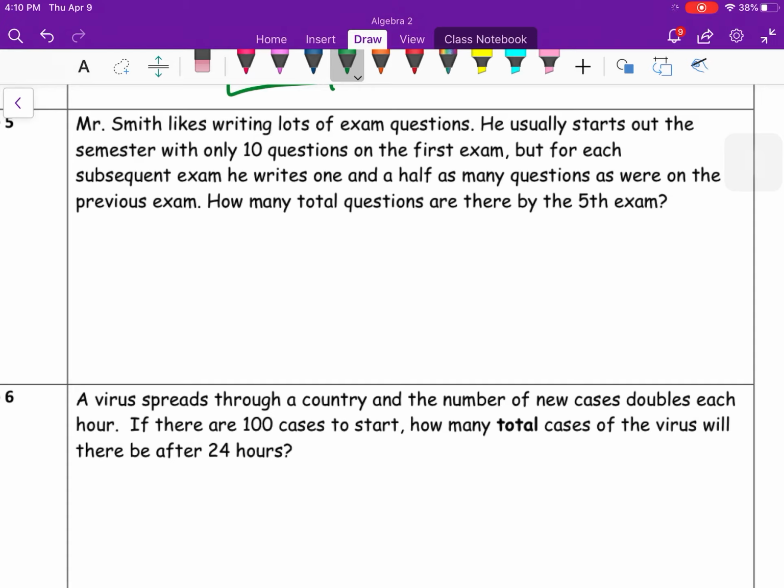So, since I want to figure out the total number of questions he's written over 5 total exams. So each exam he's putting on 1.5 times as many. And so how many has he written in total after 5 exams? So the sequence is he starts out with only 10 questions on the first exam, 10. And then on the next exam, he writes 1.5 times as many.